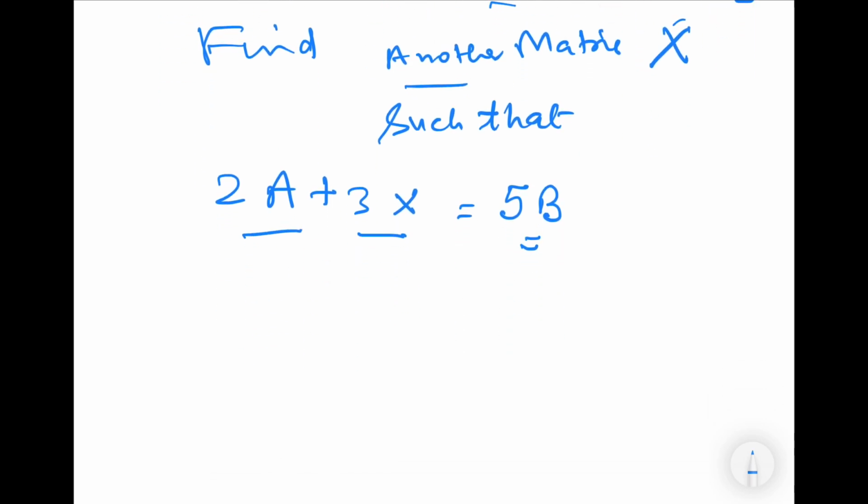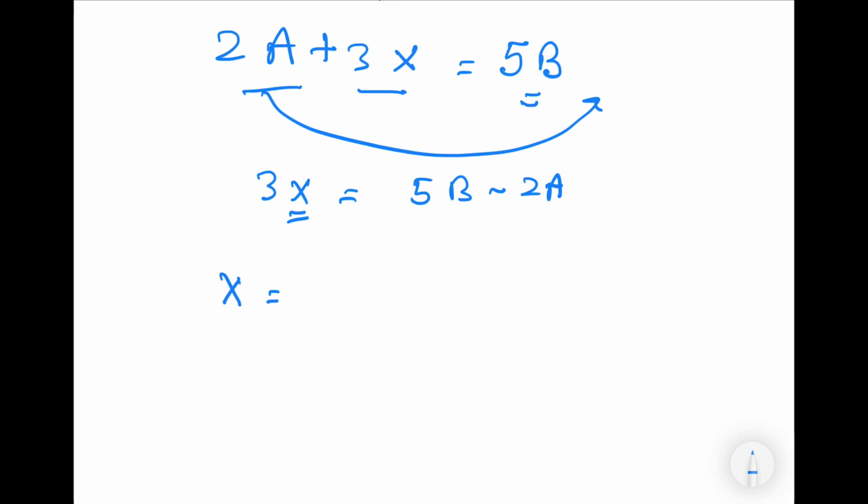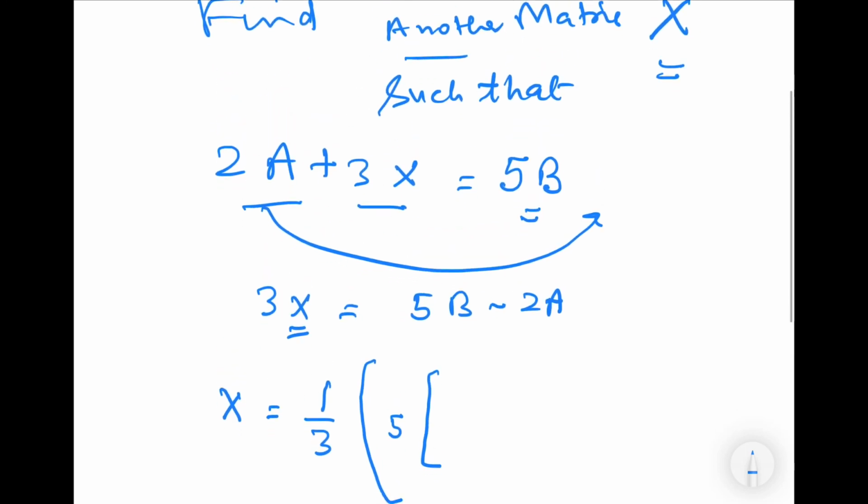Now, because the commutative law and associative law are applicable in the case of matrices, 2A can be brought to the right hand side. We get 3X is equal to 5B minus 2A, and we have to find X. X is equal to, then 3 comes here, 1 by 3, 5, and inside the matrix, what is the value of B?